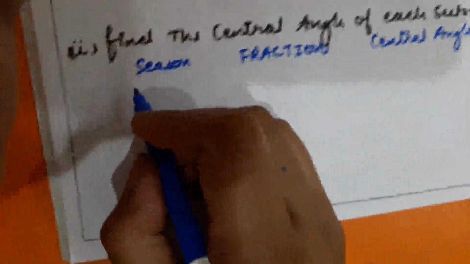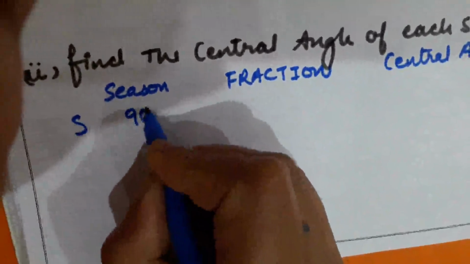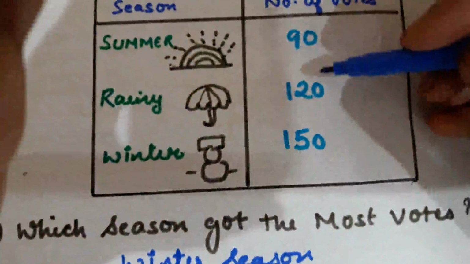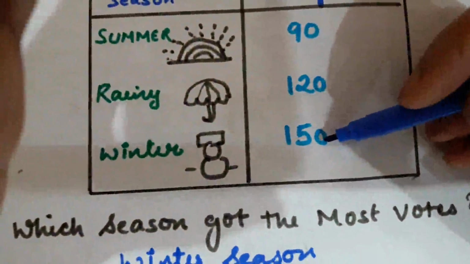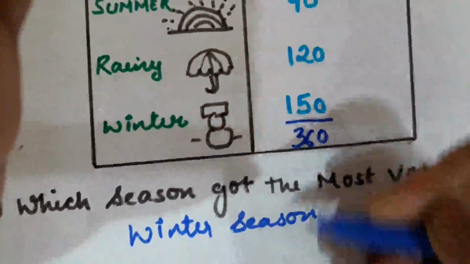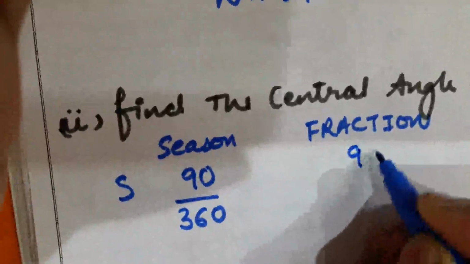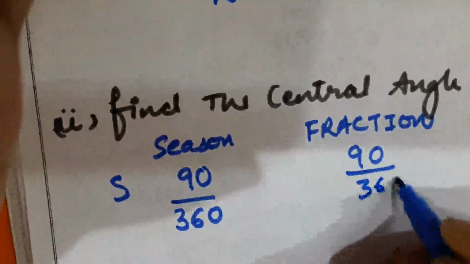Okay, now summer season is having 90 votes. So first of all, calculate the total of votes. 90 plus 120 plus 150, you will get 360. The total will be 360. So 90 upon 360. In this way you will get the fraction. 90 upon 360 will be your fraction.